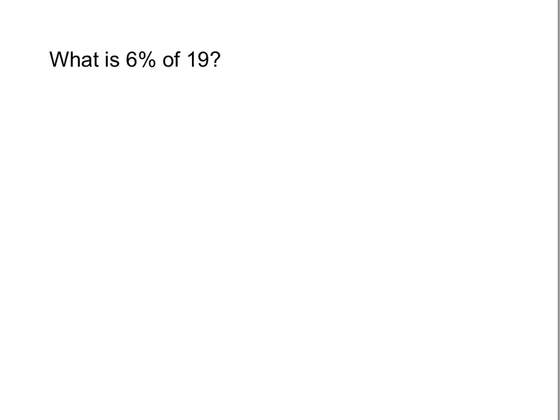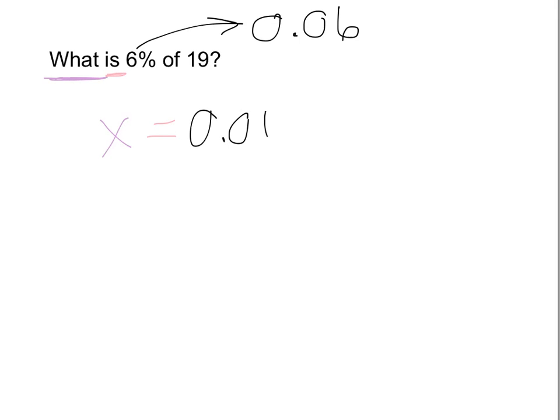Okay, let's do this one together. So we have what is. So what is again just an X. The word is means equal. 6% needs to be written as a decimal, which we know is 0.06. Of means multiplication.